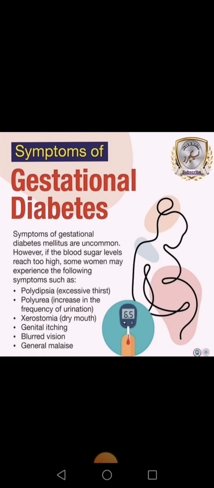Genital itching: the genitals, the special reproductive parts of the female, may face itching. Then blurred vision, she may have to face double vision. And then general malaise.